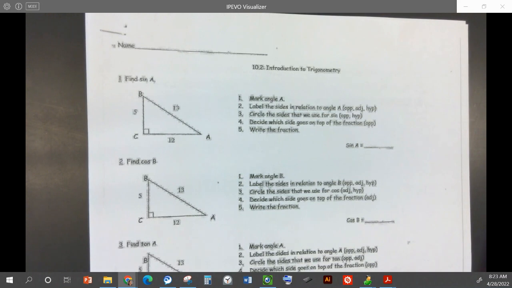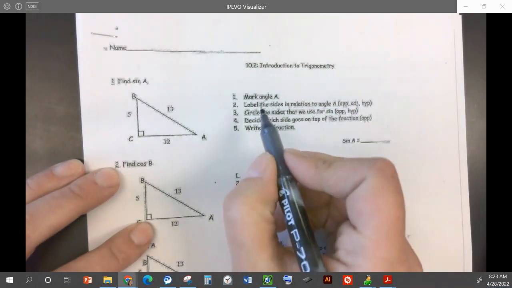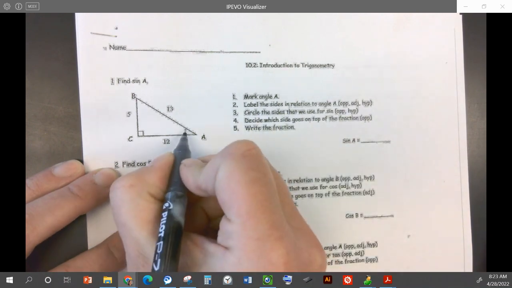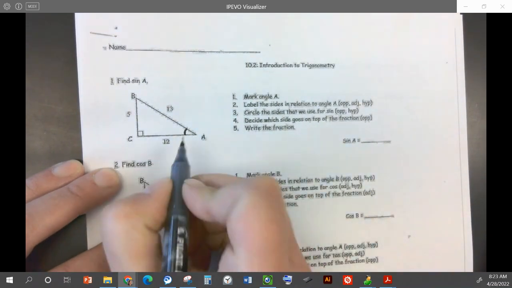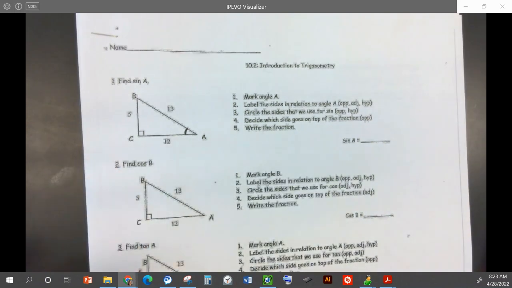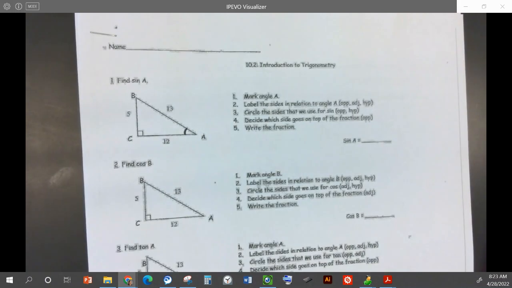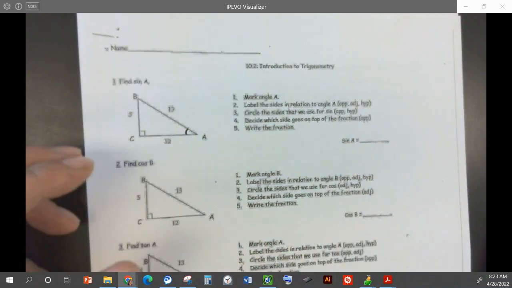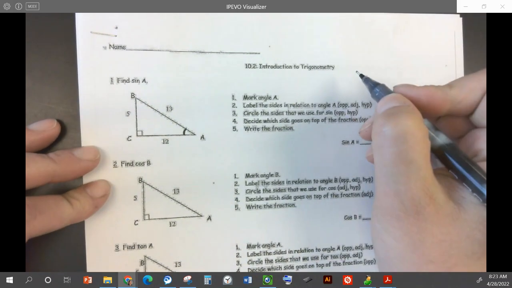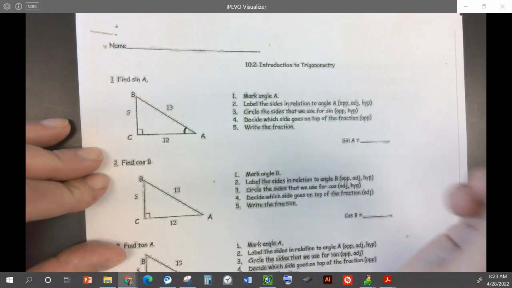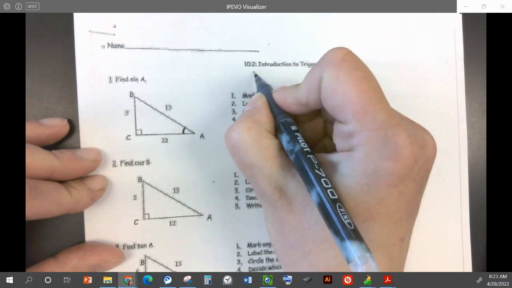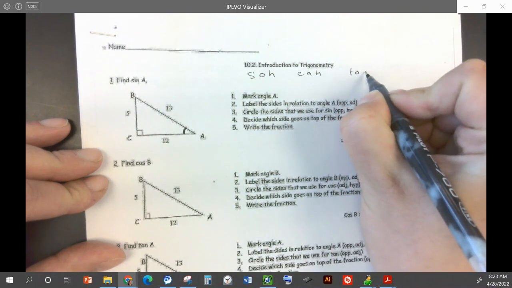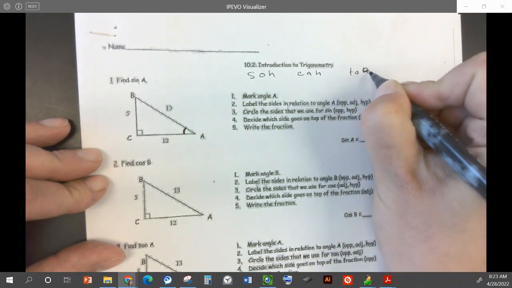Okay, so let's try to do number 1 together. It says mark angle A. So that's just what we did. I'm going to mark angle A with this little angle symbol. That tells me that there's an angle there that I'm looking at. The other thing I'm going to do is write this. This helps me. You write what helps you, but I think this would be helpful. I'm going to write SOH CAH TOA.